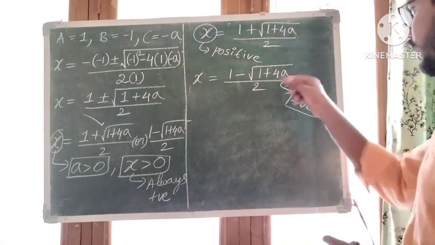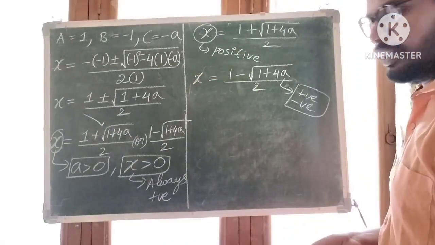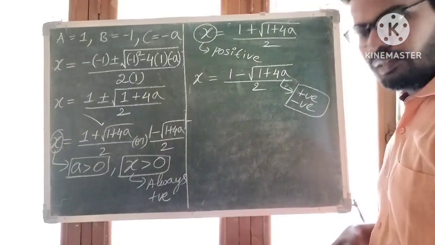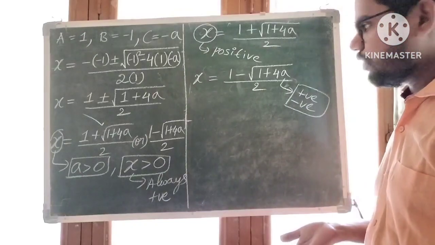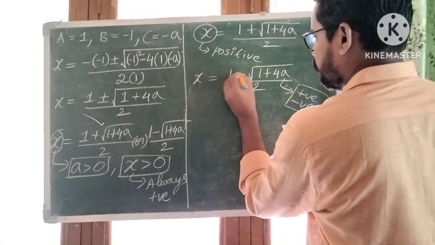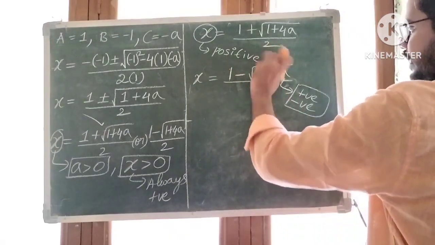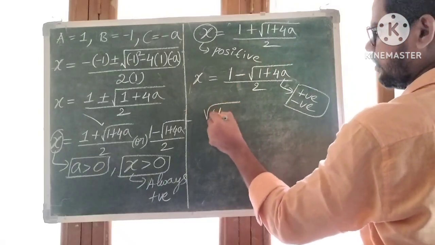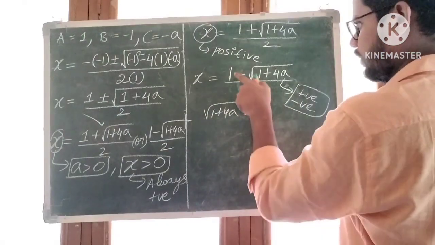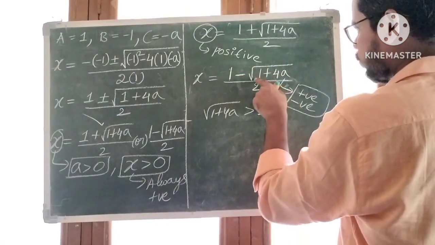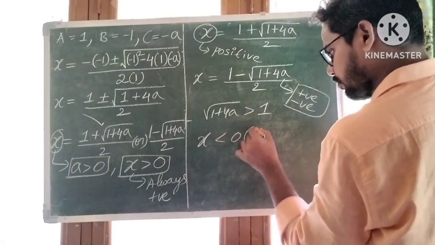So if a is greater than 0, the value of x may be positive in some cases, and in some cases it may be negative, because here we have a negative sign. Suppose root over 1 plus 4a is greater than 1, then x will be less than 0. It means x is negative.